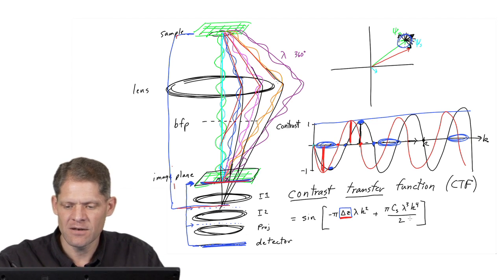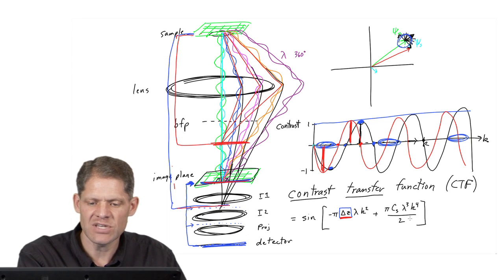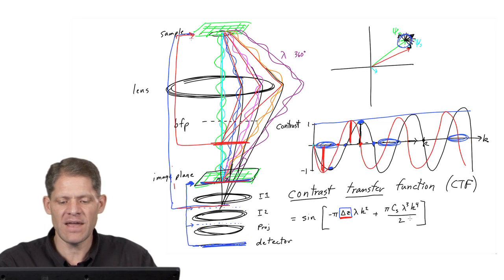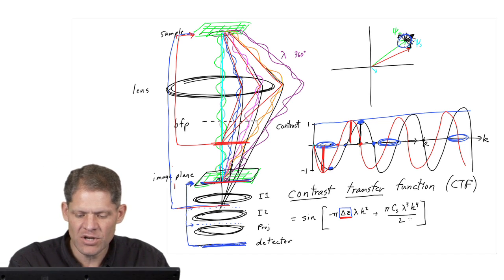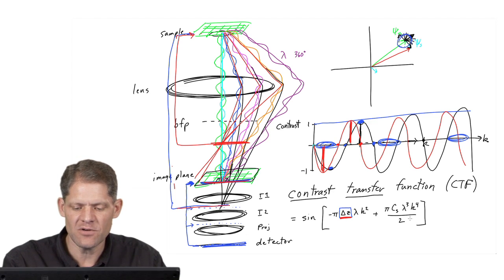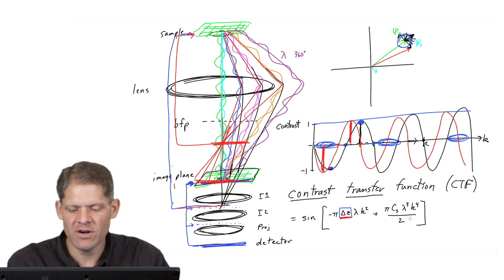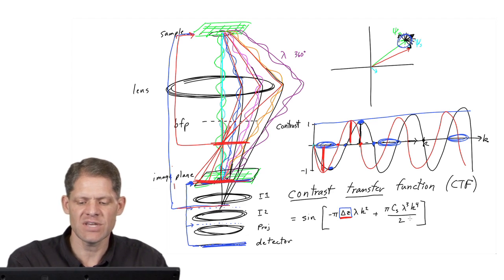And instead, you will have a plane up here that's conjugate to the sample. Now in that case, the detector will image a plane below that, and as these rays continue through that plane, you'll be imaging the wave function that exists here below the point that was conjugate to the sample.